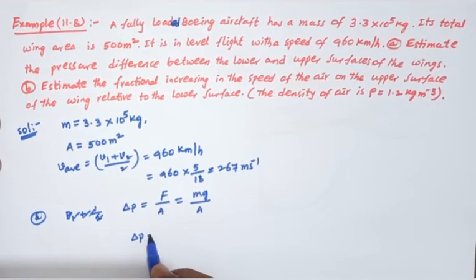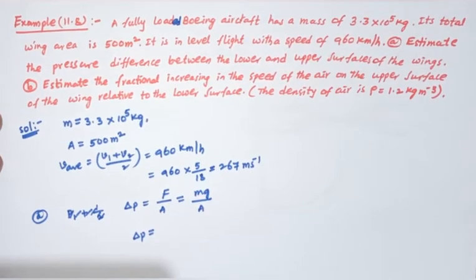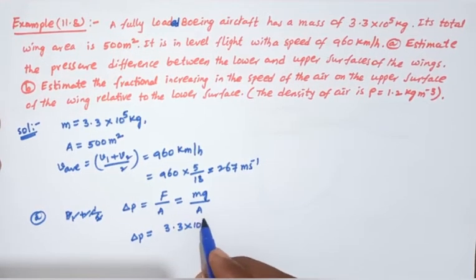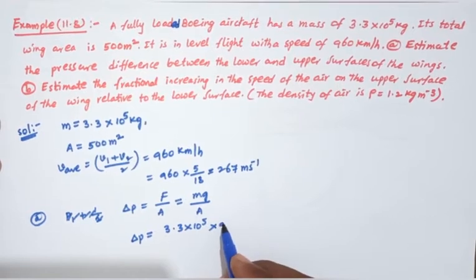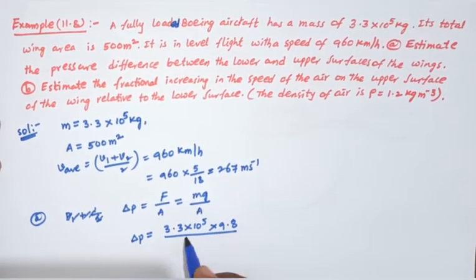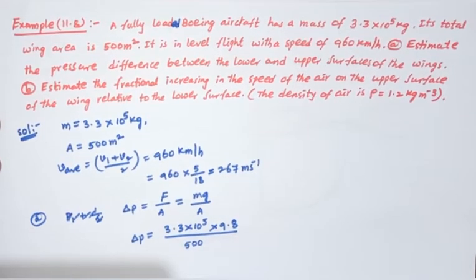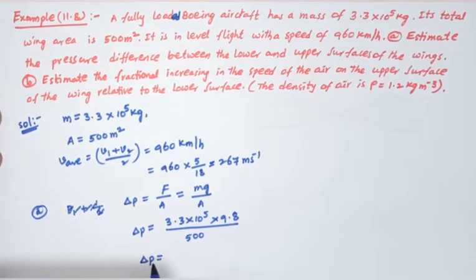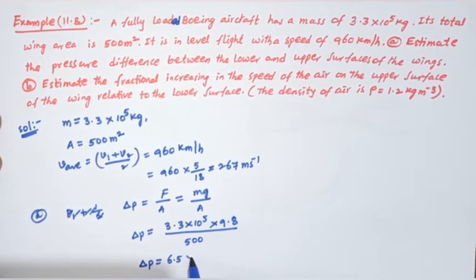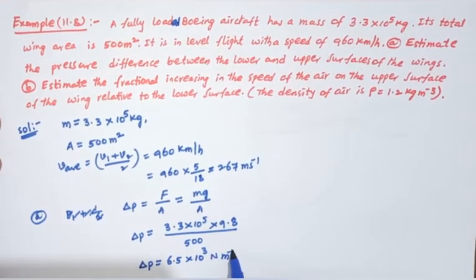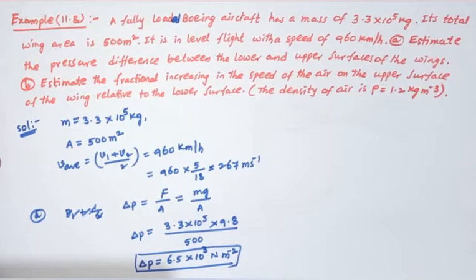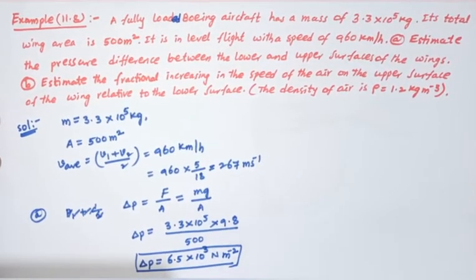So delta P equals mass 3.3 into 10 power 5, into acceleration due to gravity 9.8, by area 500 meter square. Calculated with a calculator, delta P is 6.5 into 10 to the power of 3 Newton per meter square.